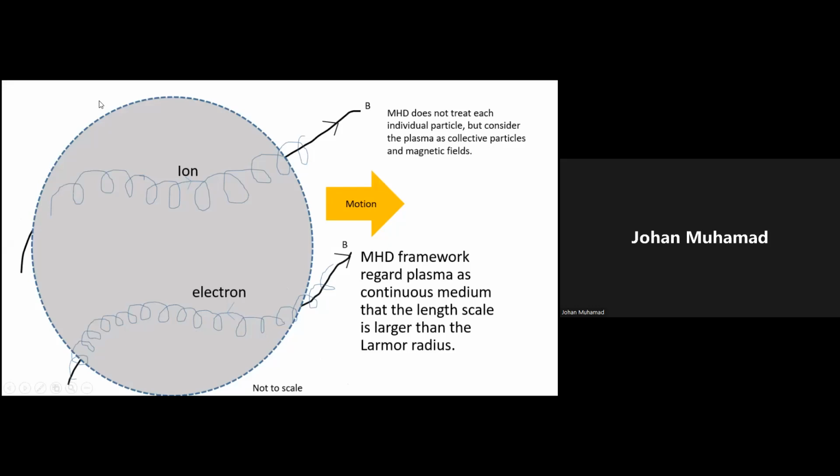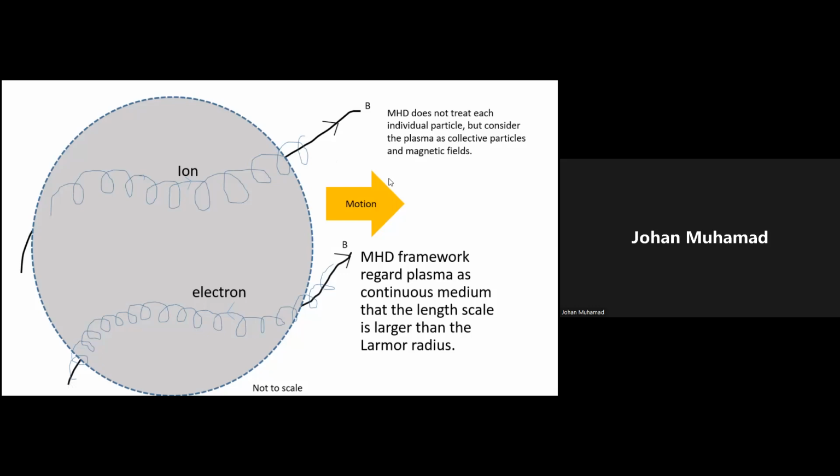But if we consider this as a unity, a very large collection of ions and electrons spiraling around the magnetic field lines, then we can think of this as a very large conductive fluid motion. So MHD does not treat each individual particle, but considers the plasma as collective particles and magnetic fields.